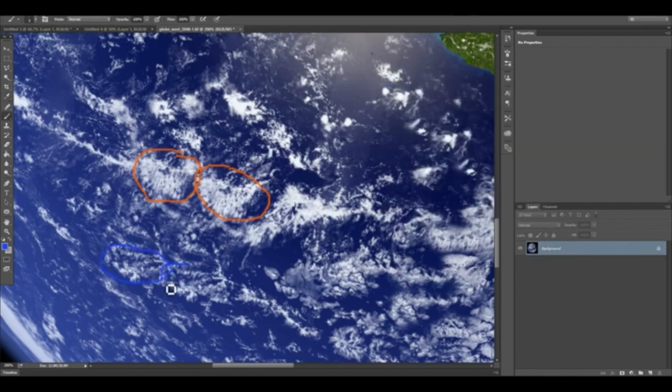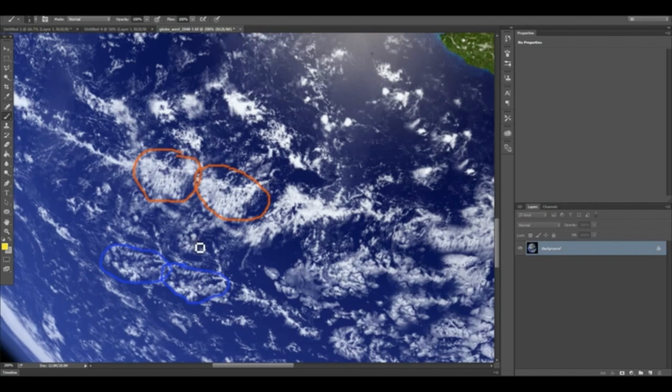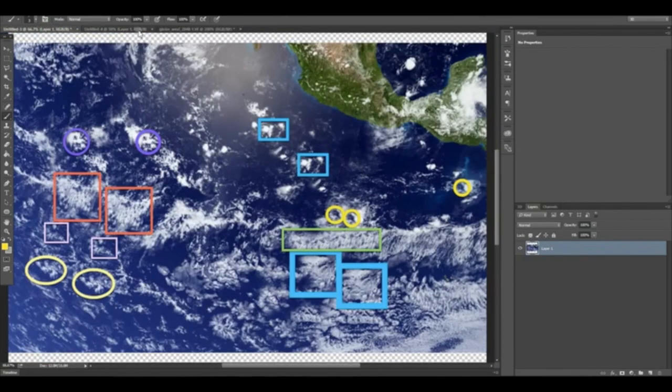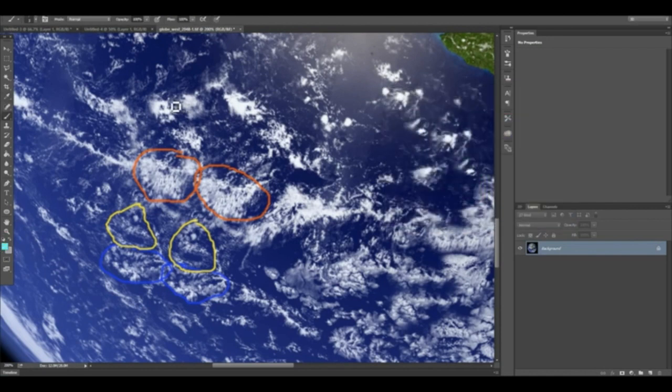What do we have here? Interesting. Another one right here. I don't know about you, but I do not think the clouds do this.